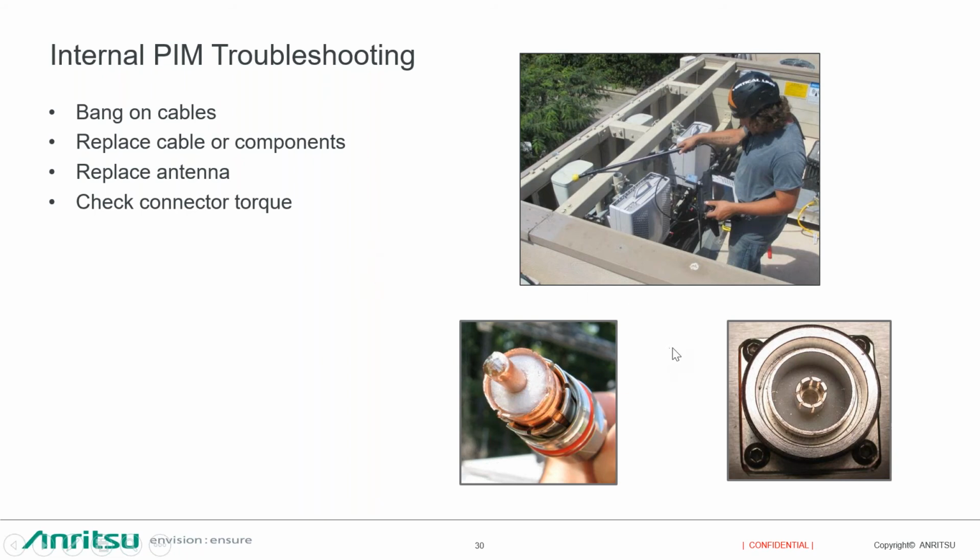Again, the nature of PIM is non-linearity, so the quality of the connections is a big deal, and the quality of the cables. But the easiest way for non-linearity to enter a scenario inside the network is at the connection points. So connectors, any kind of metal sliver that might have entered, can cause that non-linearity.